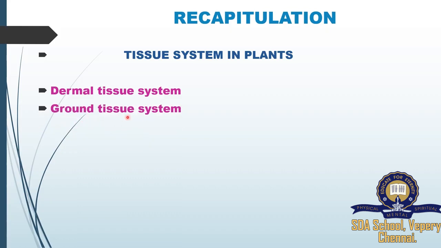It helps the growth of the root and it upholds the plant. Next, the vascular tissue system. In this vascular tissue system, we have xylem and phloem. These two help in the transportation of water and food in the plant. And it also helps the process of photosynthesis for the preparation of food in plants.